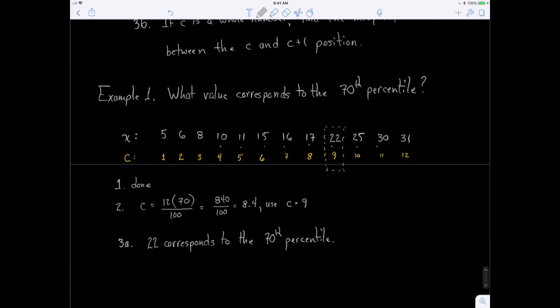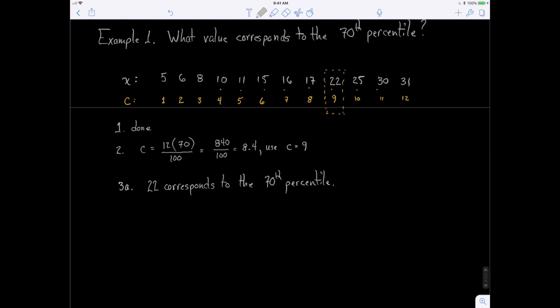Now, let's try one more. Let's try something we already know the answer to and see if this works. So for example 2, let's ask what value corresponds to the 75th percentile.